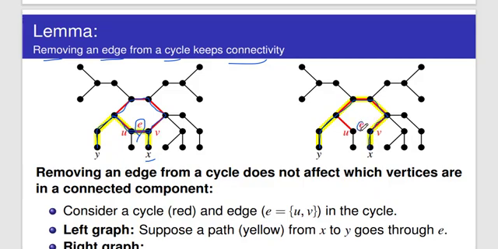Here you can see that if we remove any edge from the cycle, we can go from one vertex to the next vertex. It keeps connectivity. The path becomes longer, but we can move from y to any other vertex.